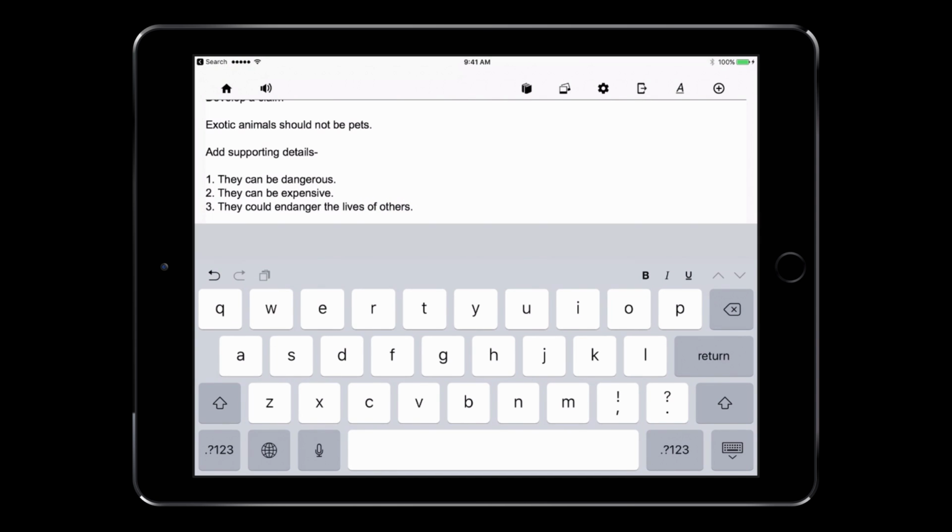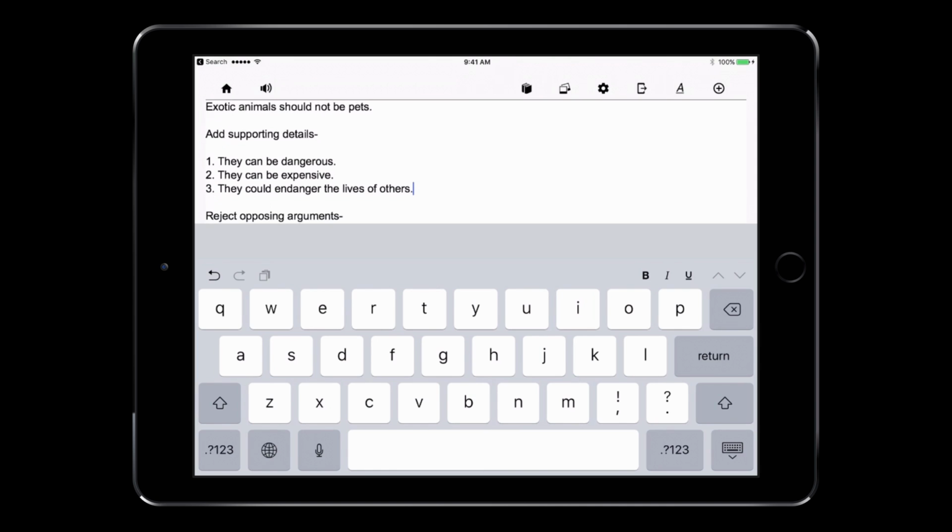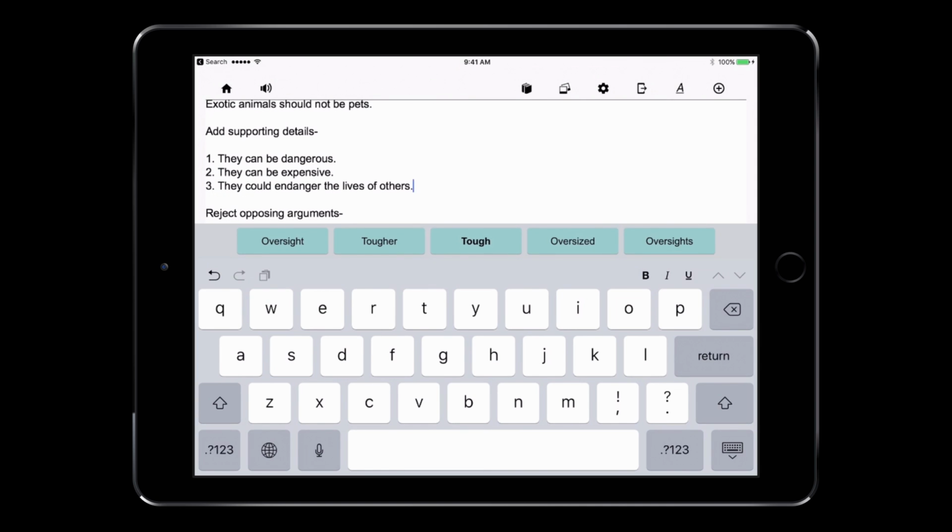Great, I've got my 3 supporting reasons. However, if I was working on this with a couple of students, I would point out that reason number 1 and reason number 3 are very similar, and so they might want to consider combining those 2 and adding a 3rd reason. But since this is just the outline phase, they can take that advice and then incorporate it once they do their final writing of this.